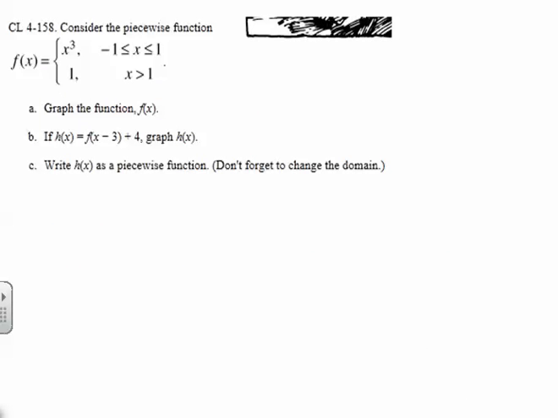the number 158. Okay, it's a piecewise function. So we've got a cubic that's only existing between 1 and -1, and then a value of 1. So if I graph this function, here's my axes.